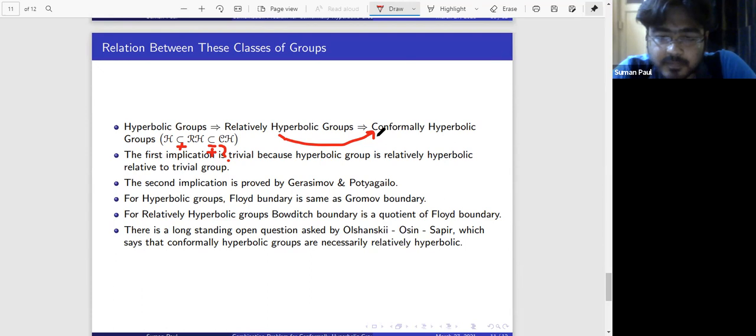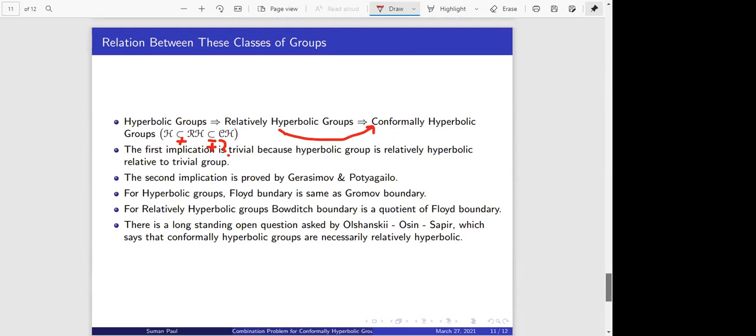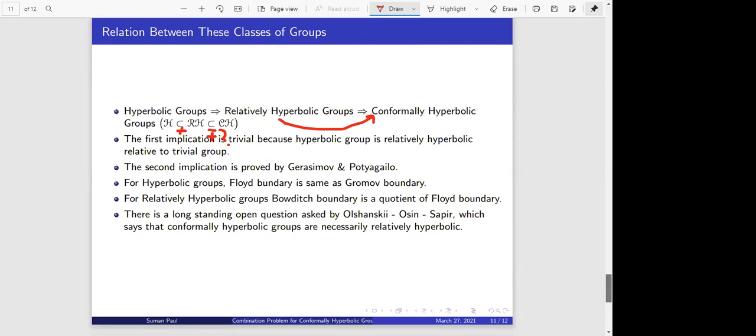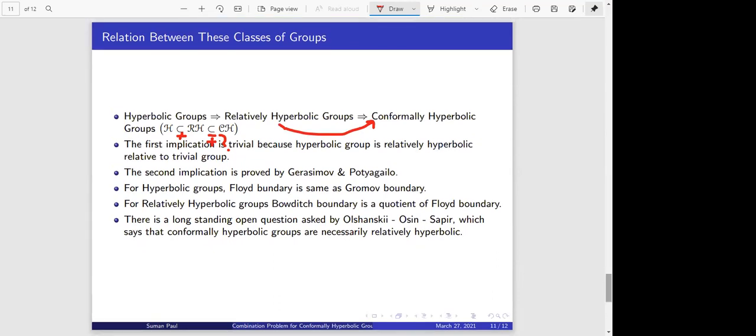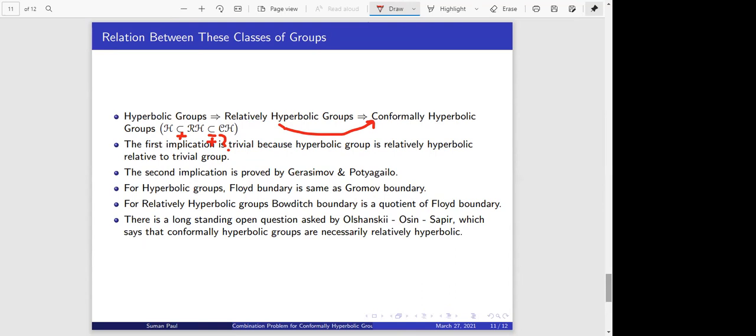So is it true that the number of ends equals the number of points of the Floyd boundary? Maybe, no, I cannot comment on that. All the examples that we have seen, I guess all of them are equal.